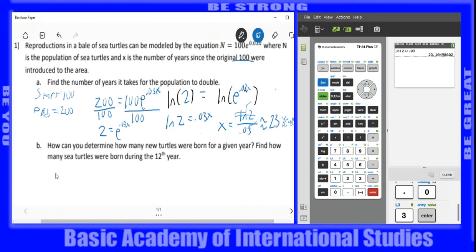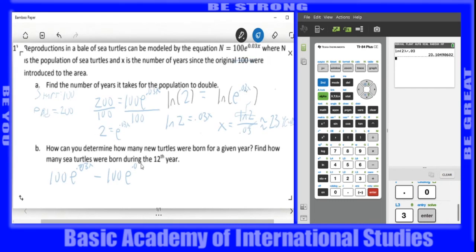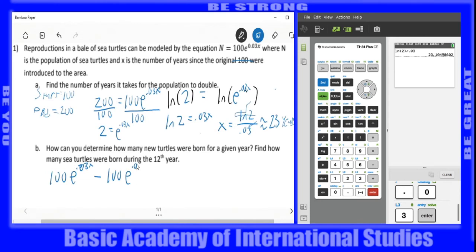So effectively what we're looking for is 100 e to the 0.03x minus 100 e to the power of 0.03 times x minus 1. So we're subtracting 1 from x with the intention of asking for the previous year. After all, if x were, in this case, 12, then x minus 1 would be 11. So we're taking the number of turtles in the 12th year and subtracting how many were in the 11th year, and this will give us how many turtles were born.